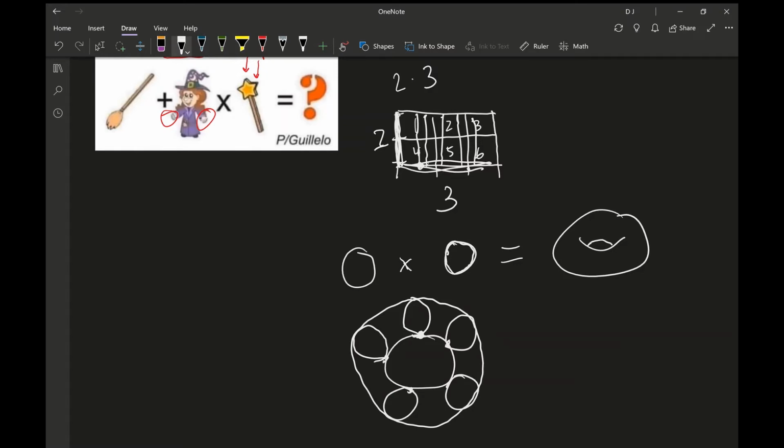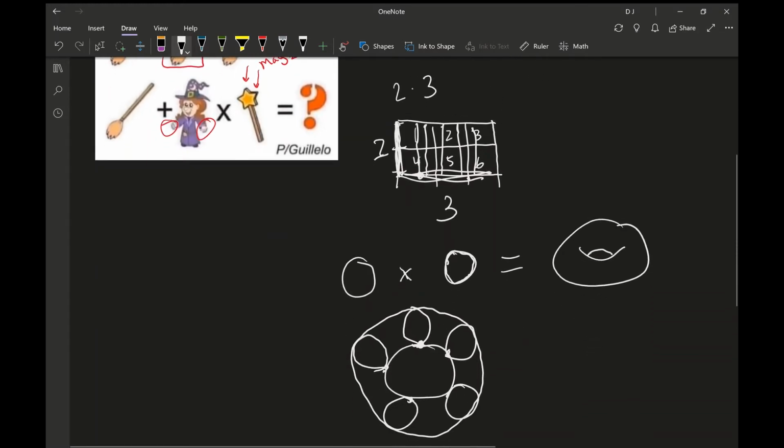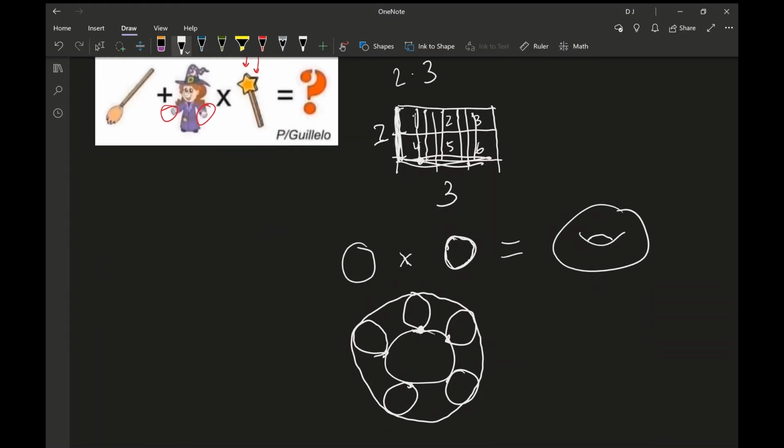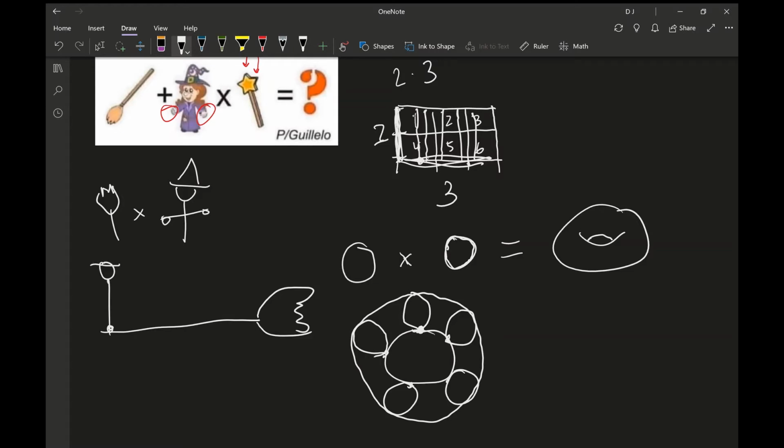So we know what multiplication of shapes looks like. So if it was like broom times a witch person, then at every point along the broom, you would have to have a witch person, just like we did with the surface of the donut.